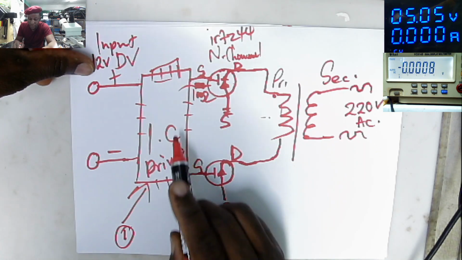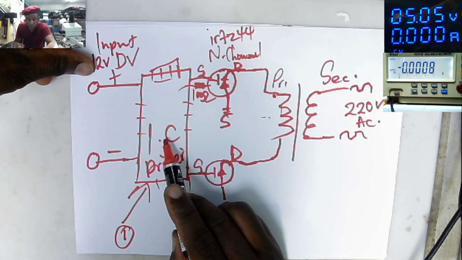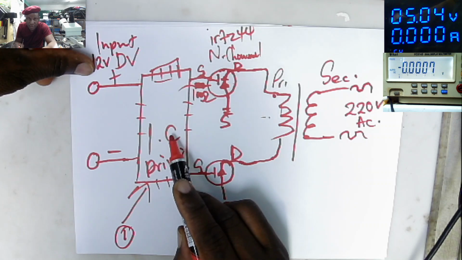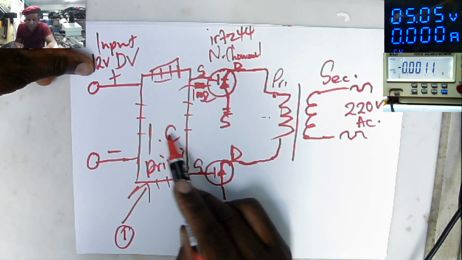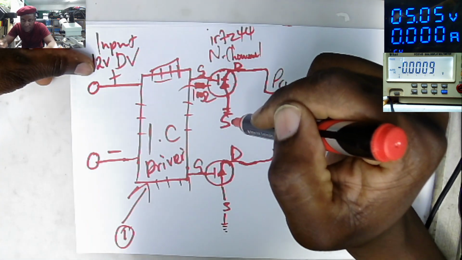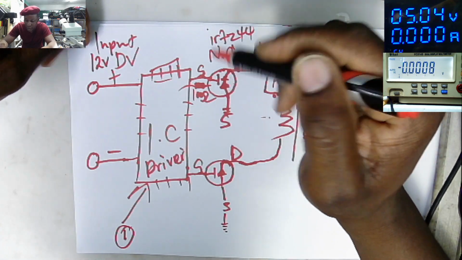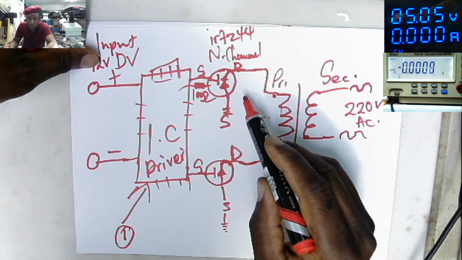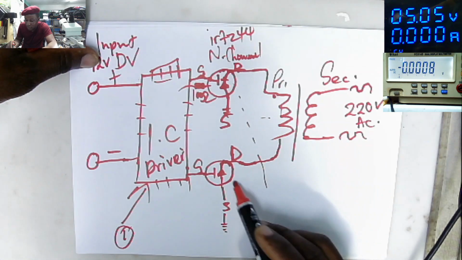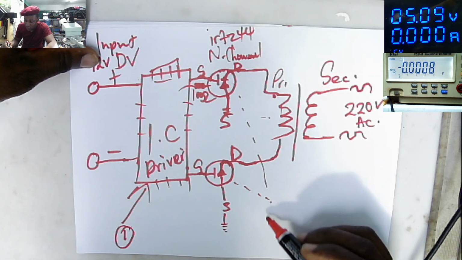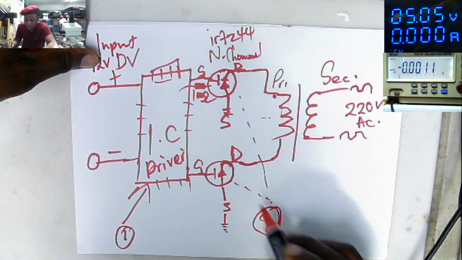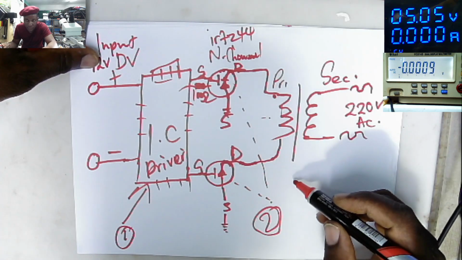This driver can be faulty. I found the IC, the controller of the inverter itself, shorted, or these two MOSFETs, you see, these two MOSFETs can be shorted to ground.